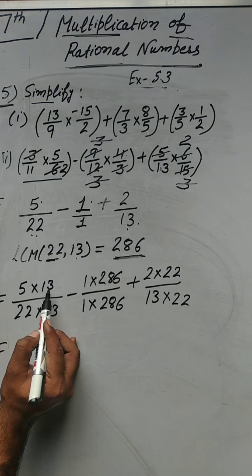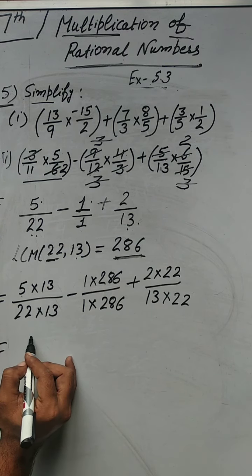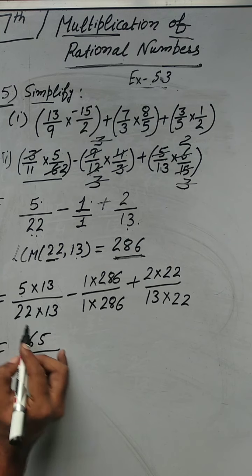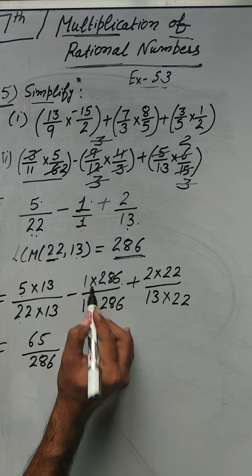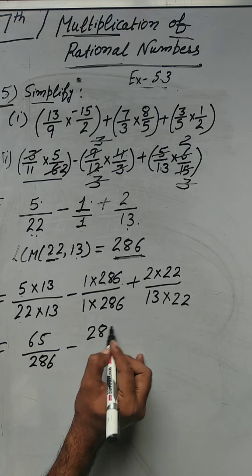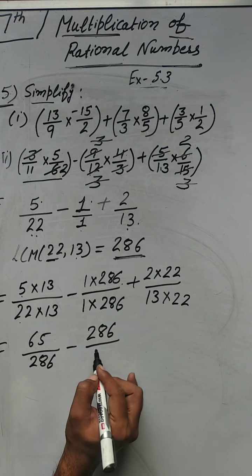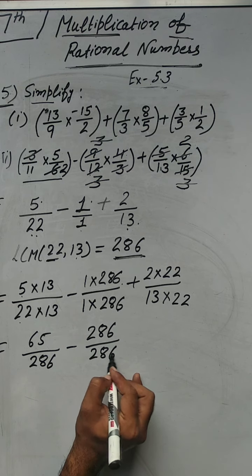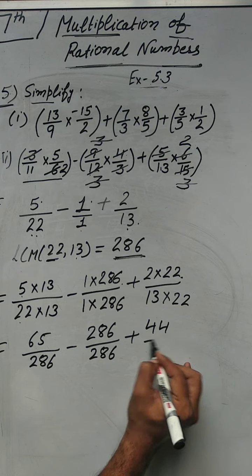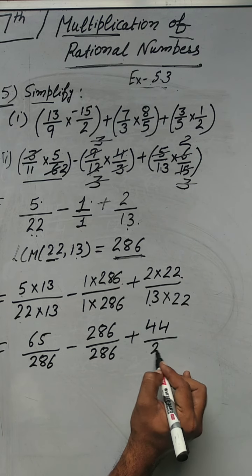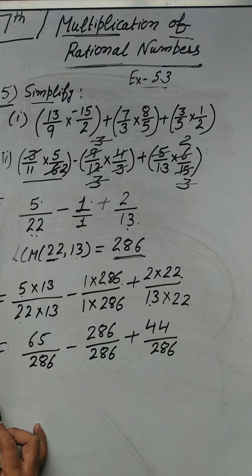Understood beta? Now 5 into 13, 13 5s are 65. 22 into 13, 286. 286 into 1, 286. Similarly here 286 into 1, 286. 22 into 2 beta 44. 13 into 22, 286. Now denominators are equal.